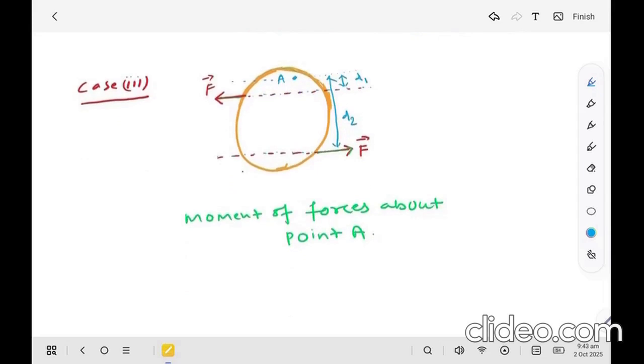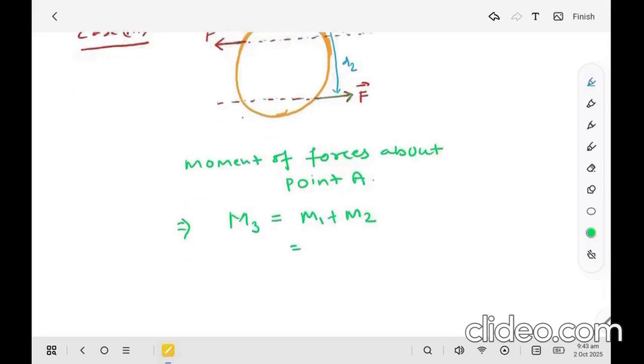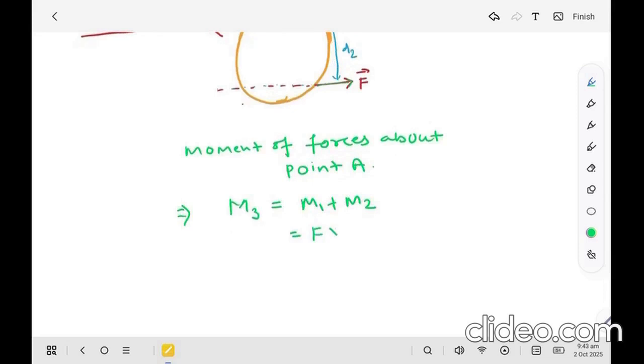Now I can estimate the moment of forces about point A. For case 3 I write m3, the moment of both forces about point A, which is m1 plus m2, that is force F into distance d1 plus force F into distance d2.